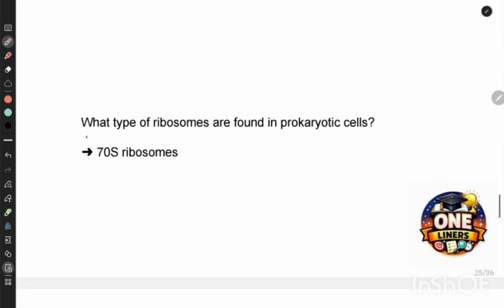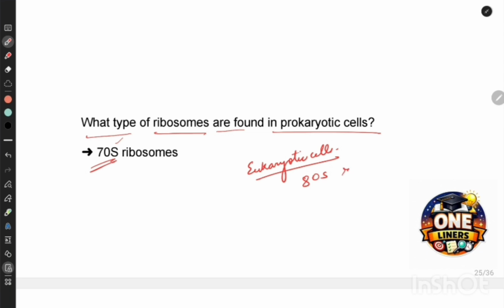Next one. What type of ribosomes are found in prokaryotic cells? So in prokaryotic cells, 70S ribosomes are found, and S is Svedberg's unit. And in eukaryotic cells, 80S ribosomes are found.